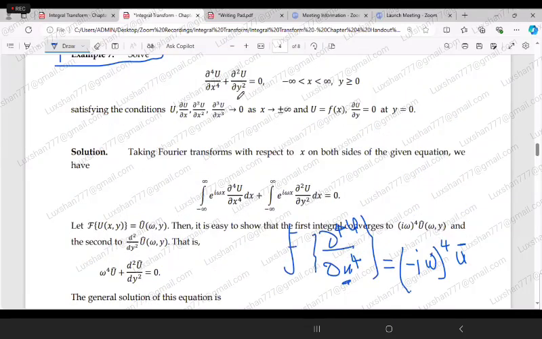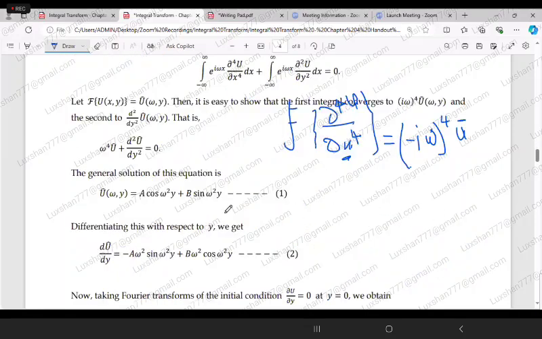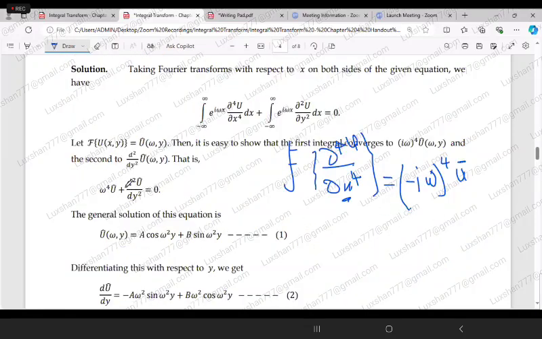And this one is with respect to y. Therefore, that becomes d squared u bar over dy squared. So this is the differential equation we are getting. If you write the auxiliary equation of this one, we get D squared plus omega to the power 4 equals 0.